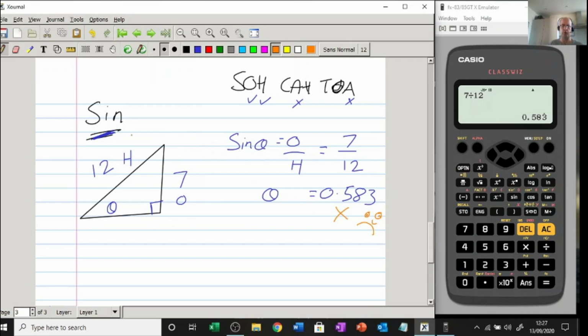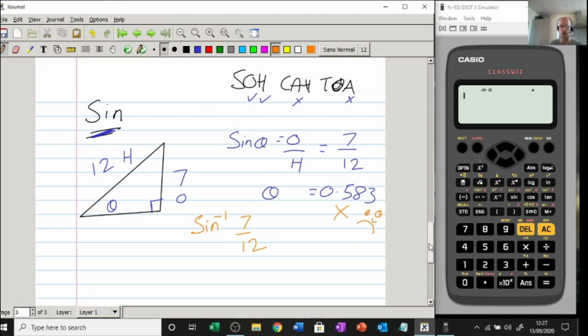So as we did before, you've got to do inverse sine. So there's my inverse sine. So really, you've got to do sine to the -1, 7 over 12. 7 is still opposite, and the hypotenuse is still 12. So it's the inverse, because no way this angle is going to be 0.5, is it? No chance.